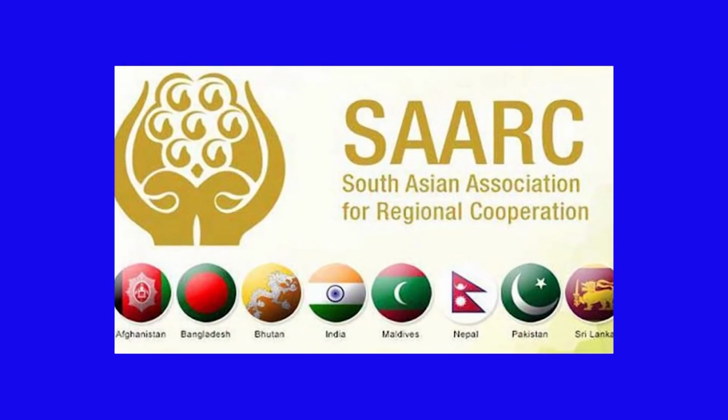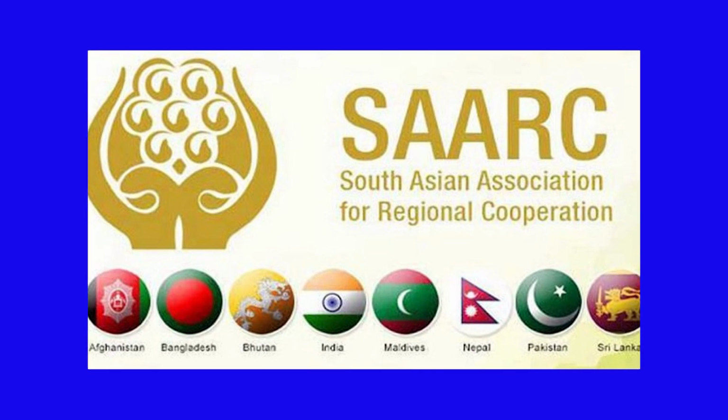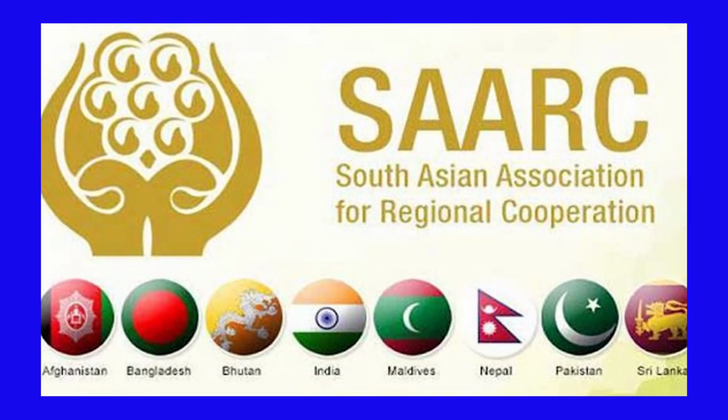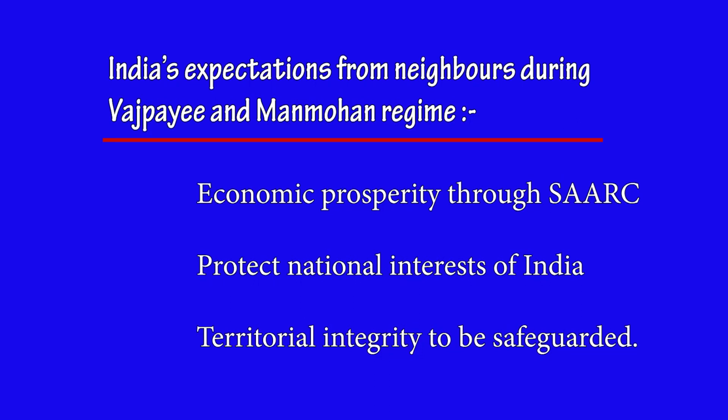The multilateral institutions like SAARC were emphasized by Manmohan Singh and Vajpayee both. They wanted an economically prosperous South Asia through SAARC, to protect national interests of India by economic integration, and economic interests of India to be more specific, and territorial integrity is very important and is also to be safeguarded.